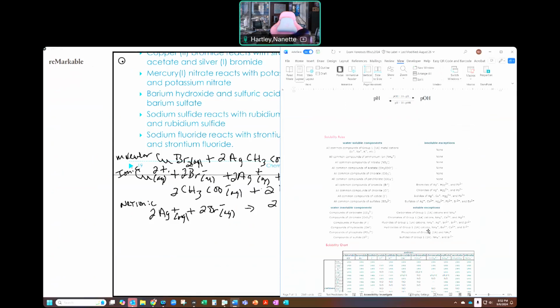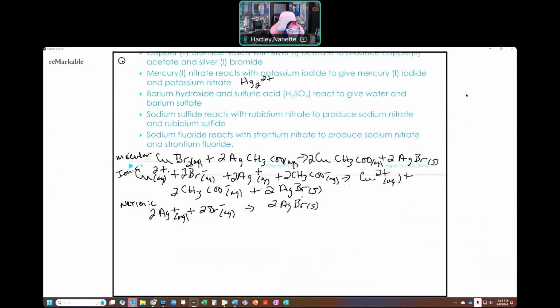So mercury 1 is Hg2 2 plus. If it was Hg 2 plus, that'd be mercury 2. So it's a weird one that we're talking about right there, and I know that that's its charge because I can see it right here. So Hg2 2 plus, and then my nitrate is NO3 minus, and then my potassium iodide.